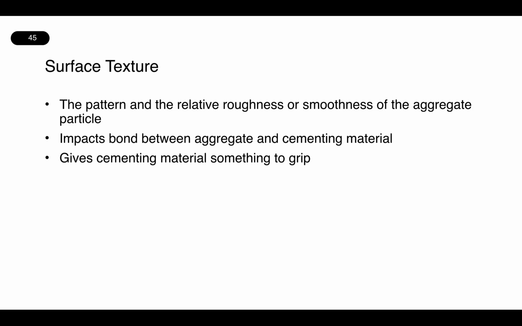So in terms of the surface texture of an aggregate, that plays a big role in surface mixtures. It's the pattern and the relative roughness or smoothness of an aggregate particle, and this impacts how the aggregate would bond with cementing material. If there's a little bit of roughness to the particle, it gives that material something to grip.